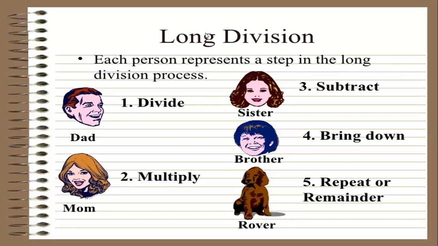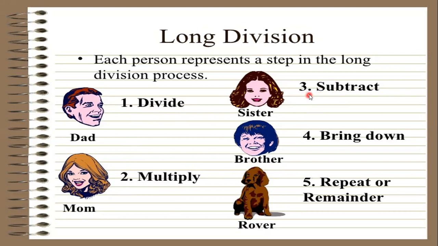For dad, the first letter is D, which means division or divide. Secondly, the next member that comes after that is mom, and the first letter of the word mom is M, which is representing the operational sign of multiplication, that is multiply.